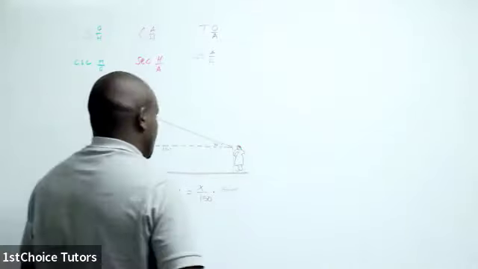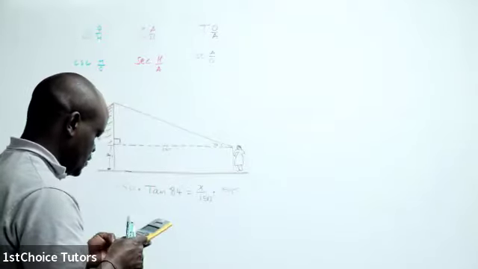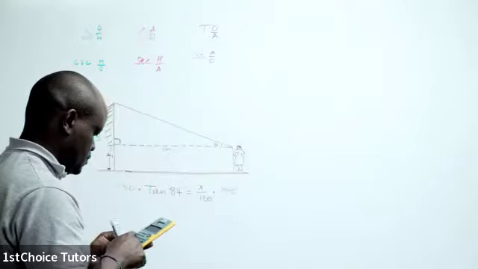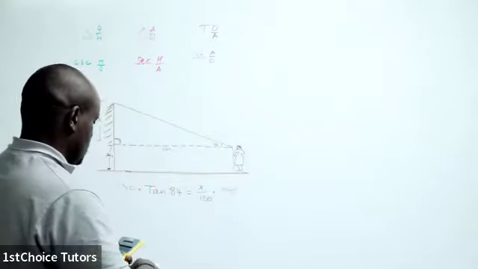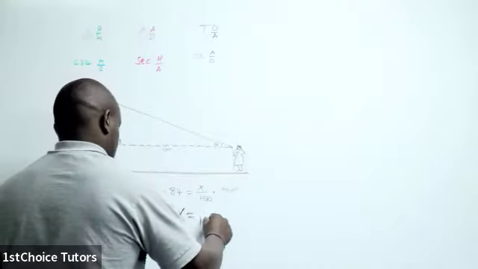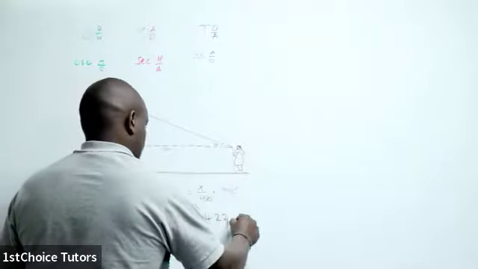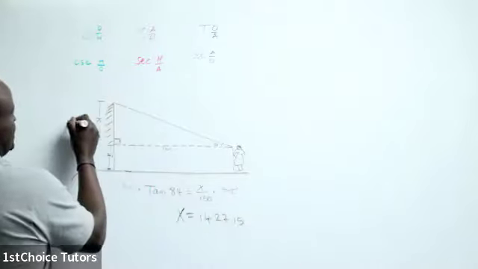Let the calculator do the talking for you. 150 times tangent 84 equals 1,426.15. So that's this distance.